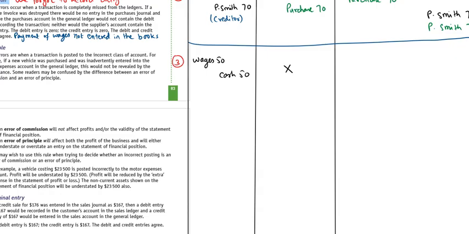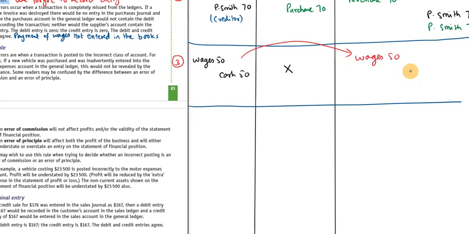So what will be the rectifying entry? We will record it again. In the rectifying entry, wages debit by 50 and cash credited by 50.